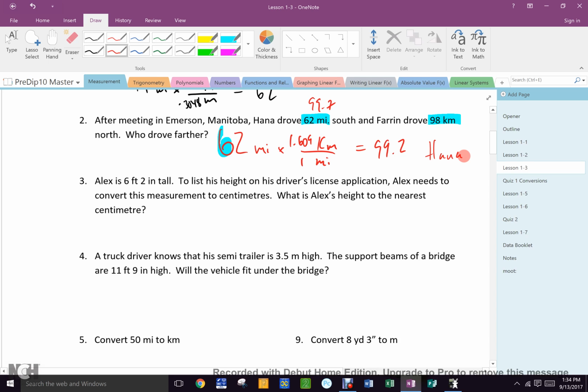Now, when you are doing number 3, you have a couple of options. The reason I write it this way is because there's more than one way to do it. You could do 6 and 2/12, which is 6 and 1/6, which is 6.1667. You could turn it to a decimal. What else could you do? You could go 74 inches and turn that to centimeters over inches.